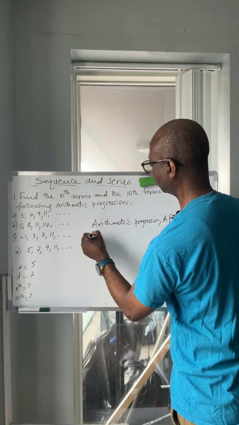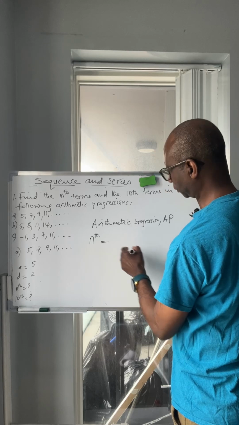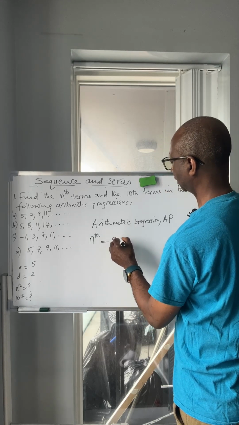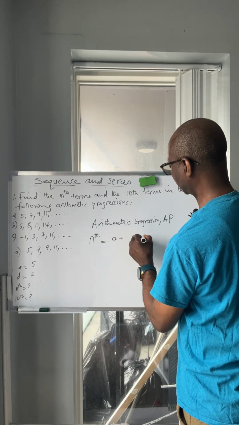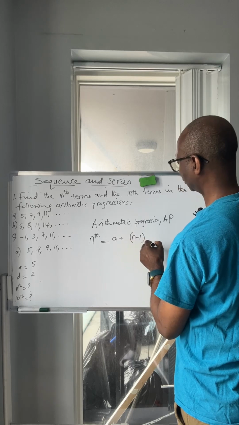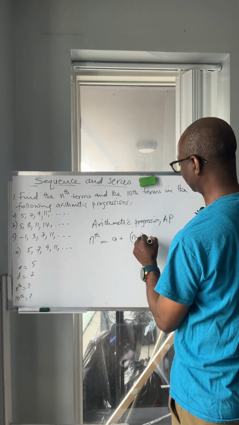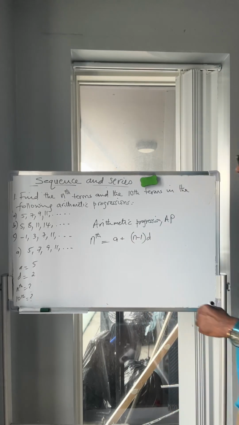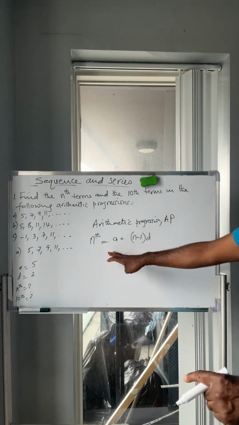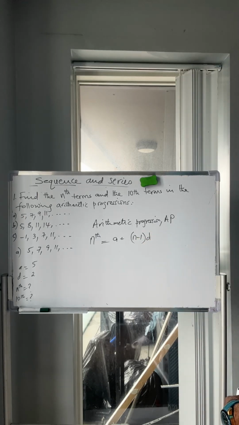The nth term is equal to the first term plus n minus 1 times the difference. This is the nth term of an arithmetic progression.